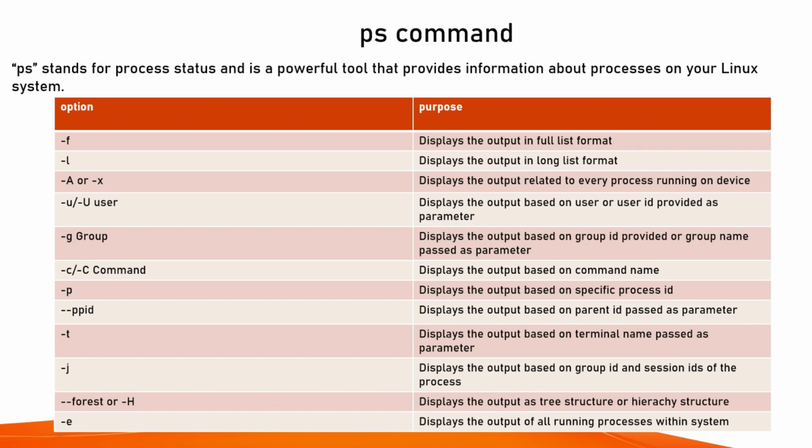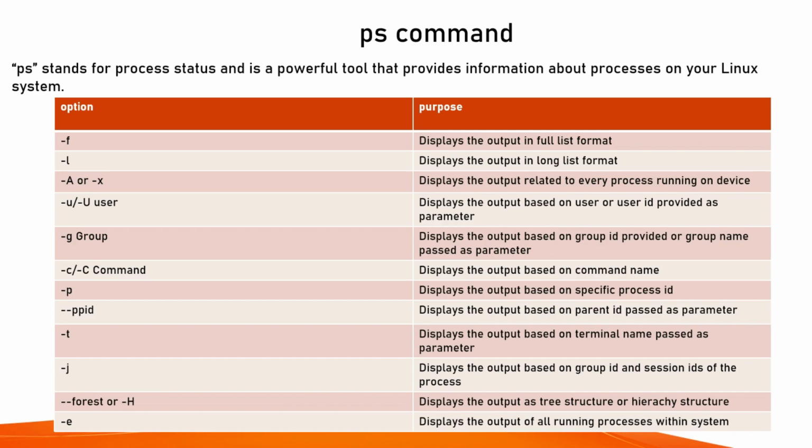Moving to the next one, we have -p, and -p stands for the process ID, and it will display the output based on the specific process ID which you pass to the ps command with this option. Moving to the next one, we have PPID, which is nothing but the parent ID of a process. And it will display the output of both the parent process as well as the child process.